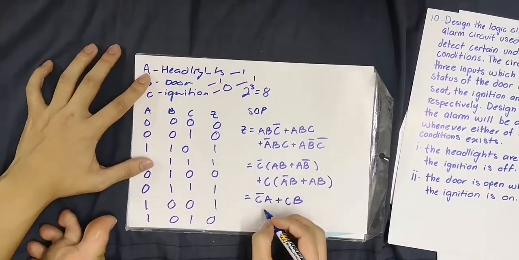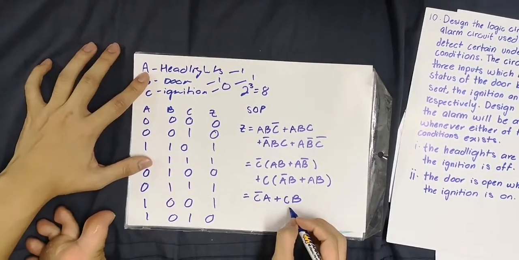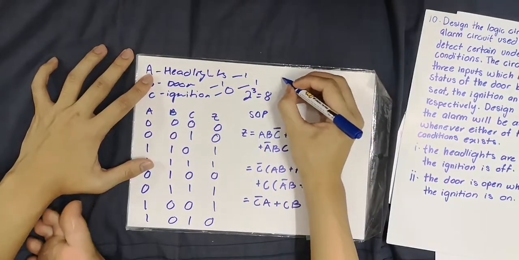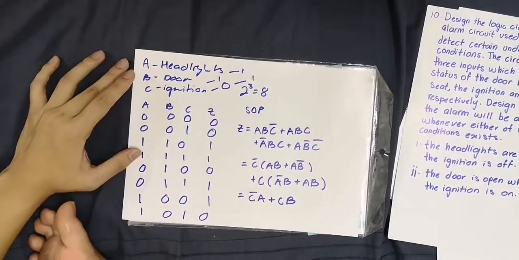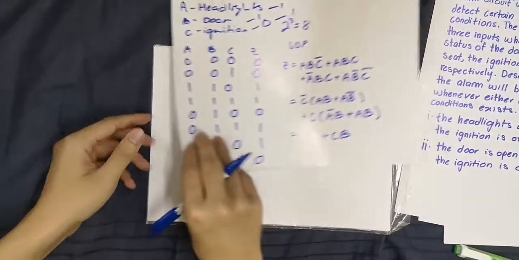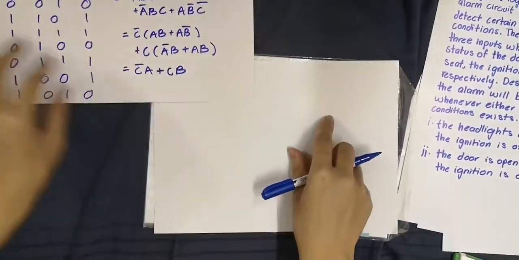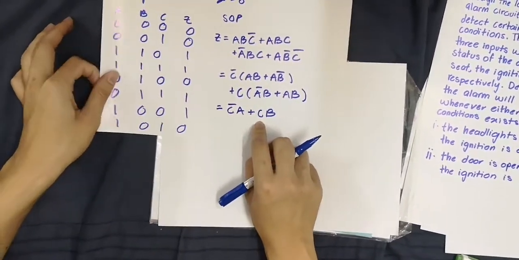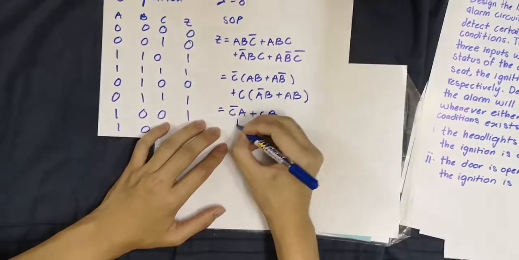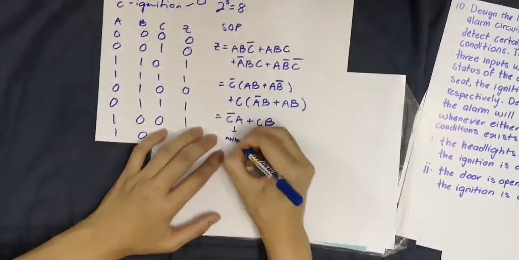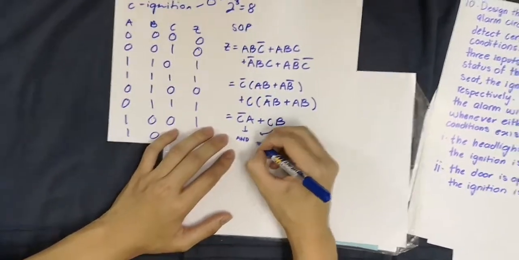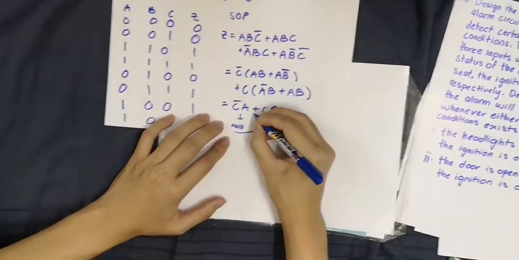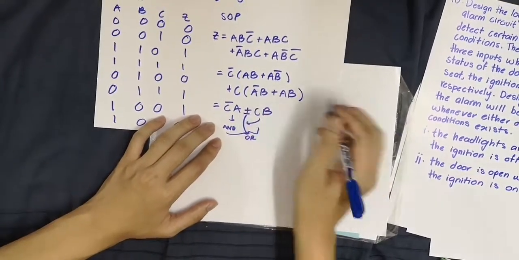We have the product of C and A and the product of C and B, which are AND gates. As you can see from this equation, the product of inverted C and A, plus the product of C and B, are both from AND gates, and after that they go to an OR gate, which is the plus sign.